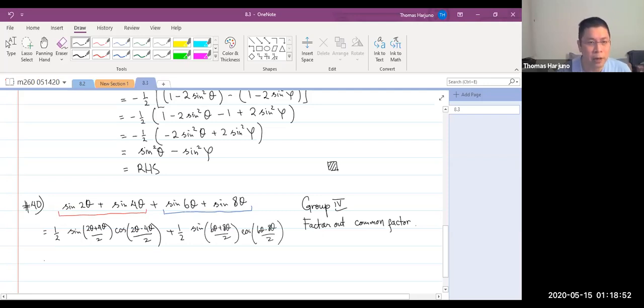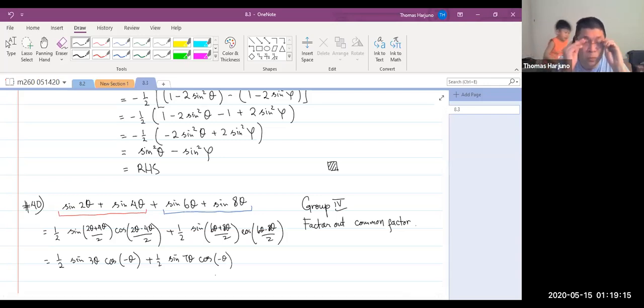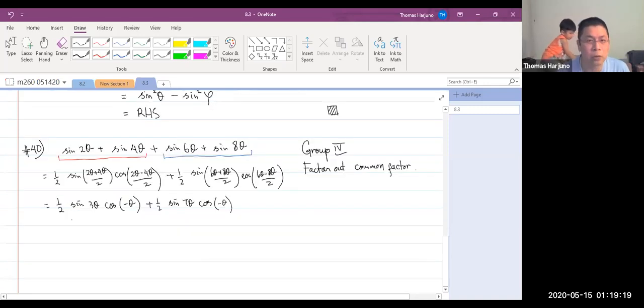Let me simplify it first. I get 1/2 sine 3 theta cosine negative theta plus 1/2 sine 7 theta cosine negative theta. Then I will factor, actually, let me change that cosine negative theta becomes cosine theta first.